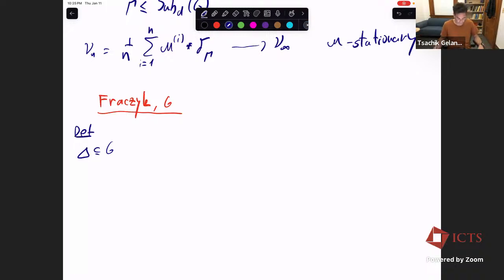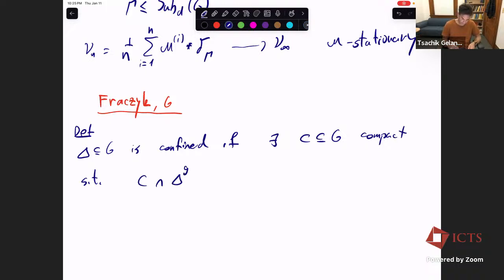If you have a locally compact group G, a subgroup Delta in G is called confined if there is a compact subset C such that C intersected with any conjugate of Delta is non-trivial, that is, non-empty. Then it is called confined.